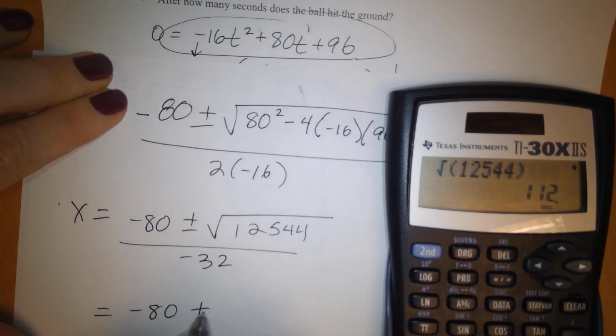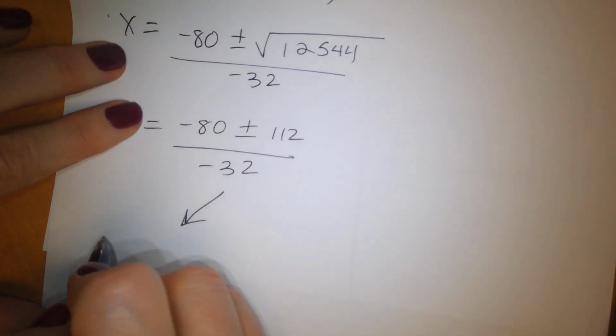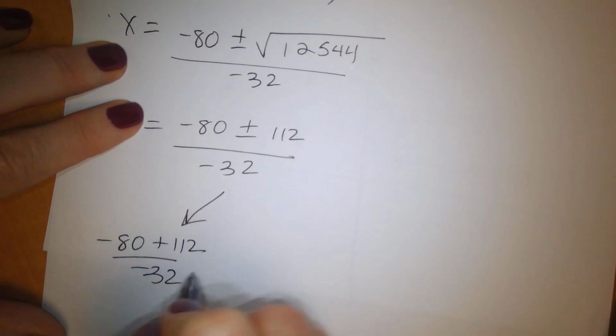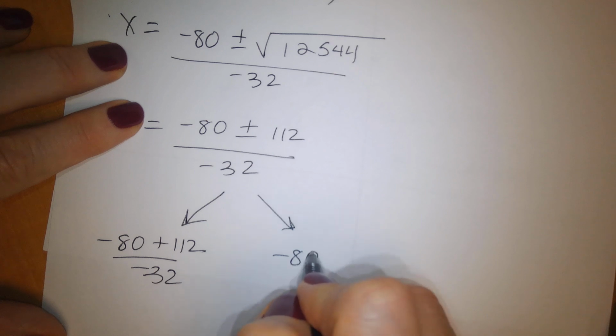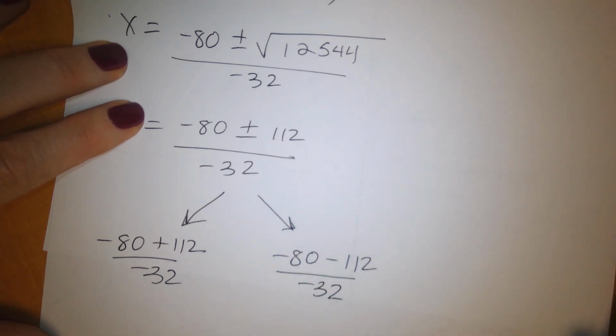So it's negative 80 plus or minus 112 over negative 32. There will be two answers. There will be one answer at negative 80 plus 112 over negative 32, and another answer at negative 80 minus 112 over negative 32.